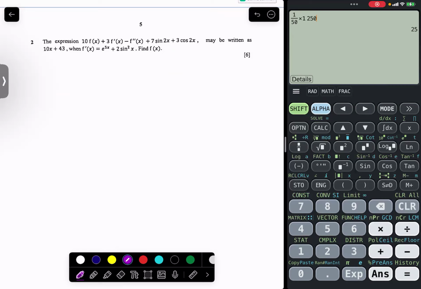Okay, so let's see. F prime x is equal to e^5x plus 2 sine square x. So from here we can get f prime prime x for sure.